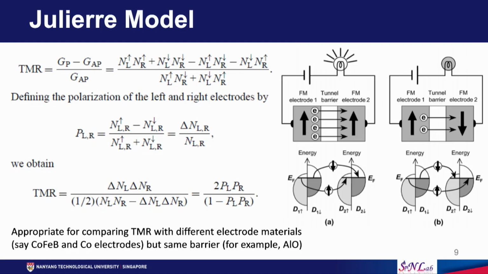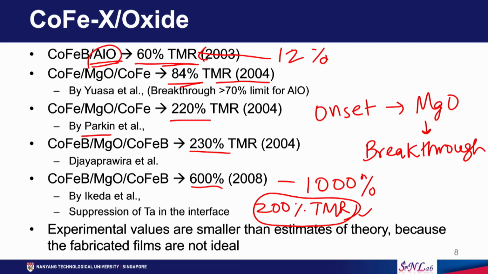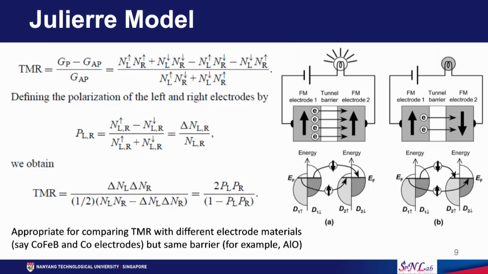I told you that there are two regions of TMR: in one region people used aluminum oxide, in another region people used magnesium oxide.